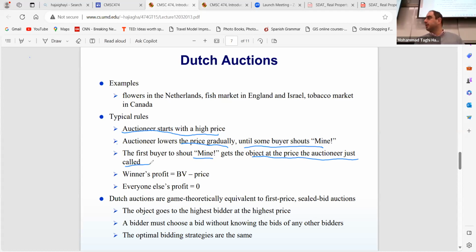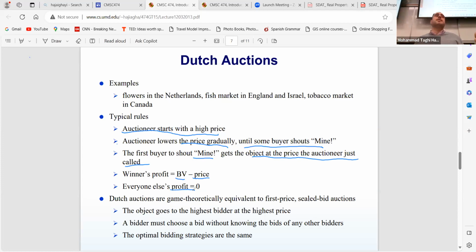The winner's profit would be the bidder's valuation minus the price that they pay, or the bid. Everyone else gets a profit of zero. So you may want this fish at 500, but when the auctioneer says 500, you don't take it. You want to get it at a lower price, because if you get it at 500, your profit will be zero.